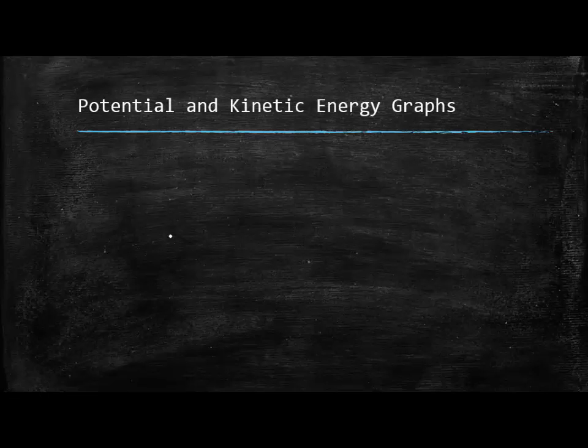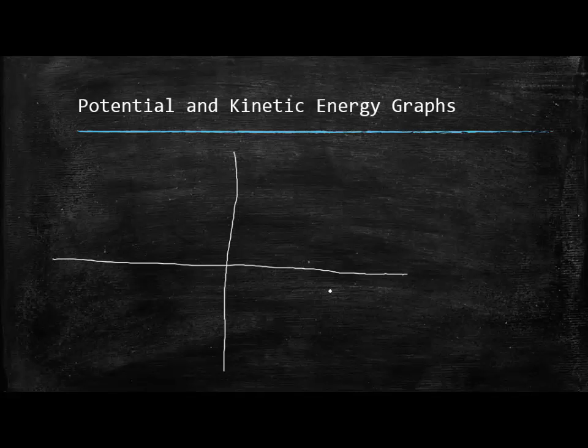All right, potential and kinetic energy graphs. I want to point this out because I have seen on the AP tests sometimes where they make you sketch these pictures so that you understand what's happening to the potential energy or the kinetic energy of a system. If we take this point here to be a point of equilibrium, we can think of this graph as being for a spring and a block attached to it. As it oscillates back and forth, what's going on with the object's potential energy?